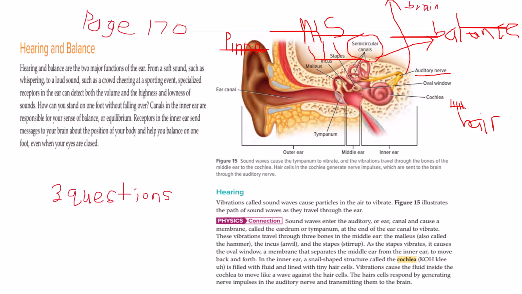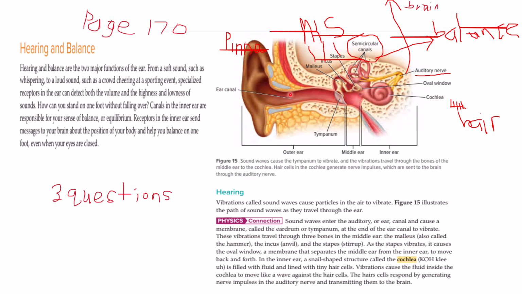Now, coming to hearing and balance, you need to know what each part is responsible for. The ear has three portions: outer ear, middle ear and inner ear. The outer ear has the ear canal and the pinnae, which is the part you can touch.